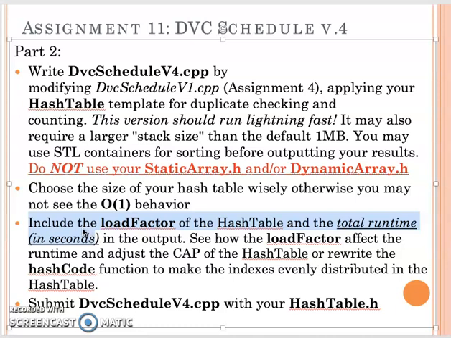If any runtime is more than 3 seconds, it's not acceptable. In your output, not only do you need to tell me how many duplicates you have, but we still need you to show how many sections are in each subject.